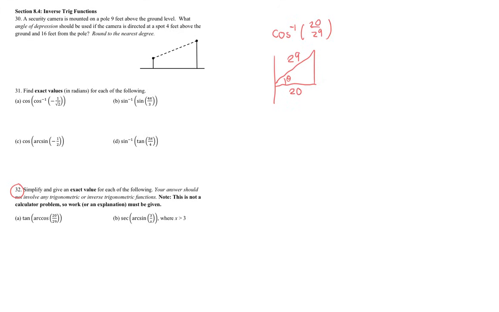And we're looking for the tangent of this theta, because this theta is the arc cosine. So the tangent of this theta is going to be the opposite over the adjacent, so 20. So we need to figure out what this value is. We'll use our Pythagorean theorem.